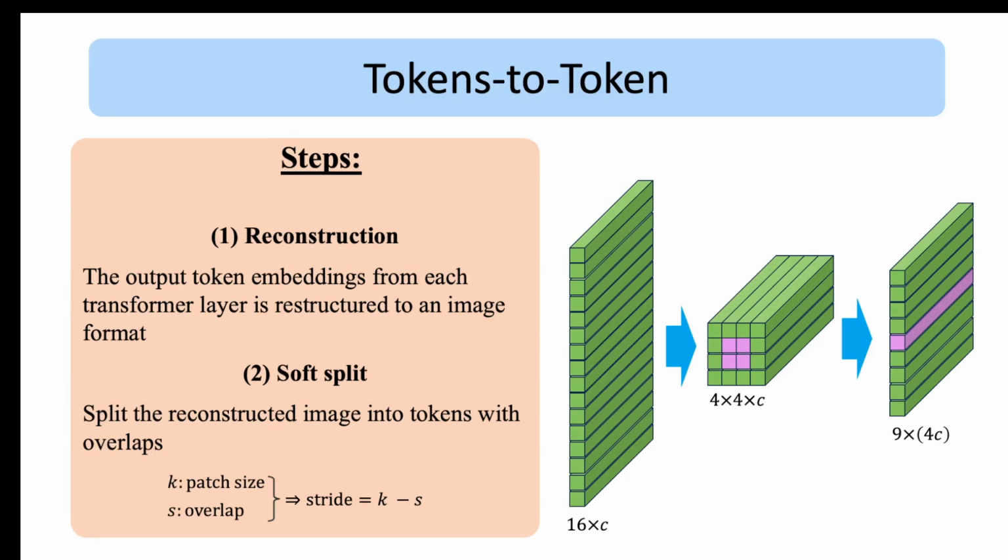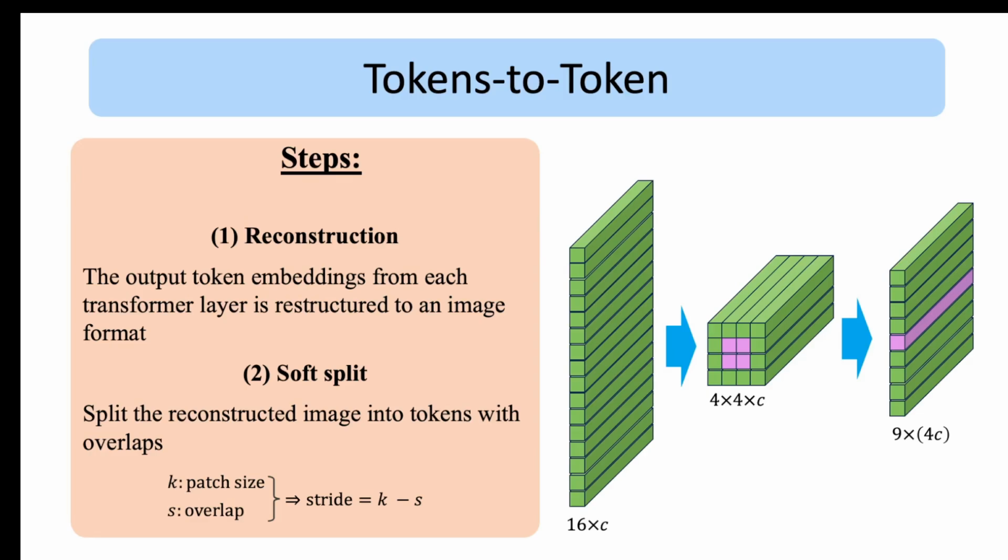To understand this process, let's consider the example shown here. The input is a sequence with dimensions 16 by c, where c is the number of channels. In step 1, we reshape it to make a 3D tensor of size 4 by 4 by c, and then we perform soft split with patch size equal to 2 and overlap equal to 1.